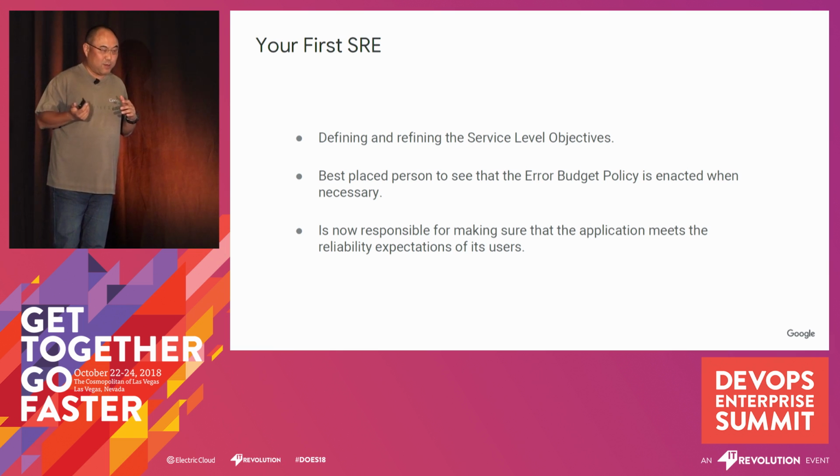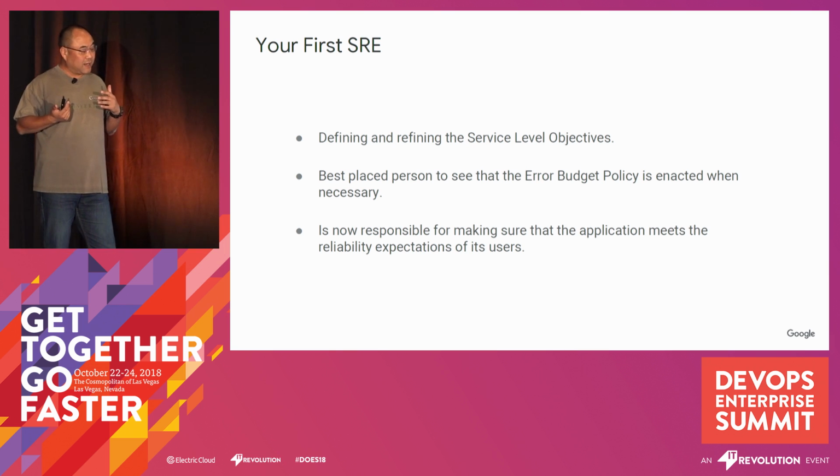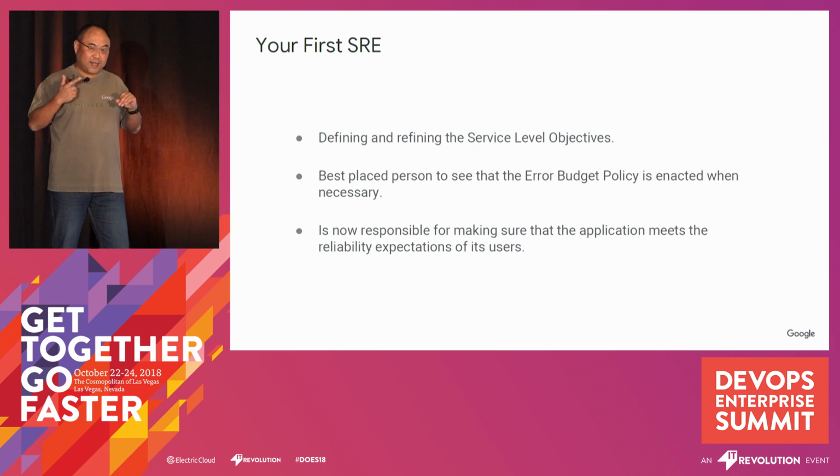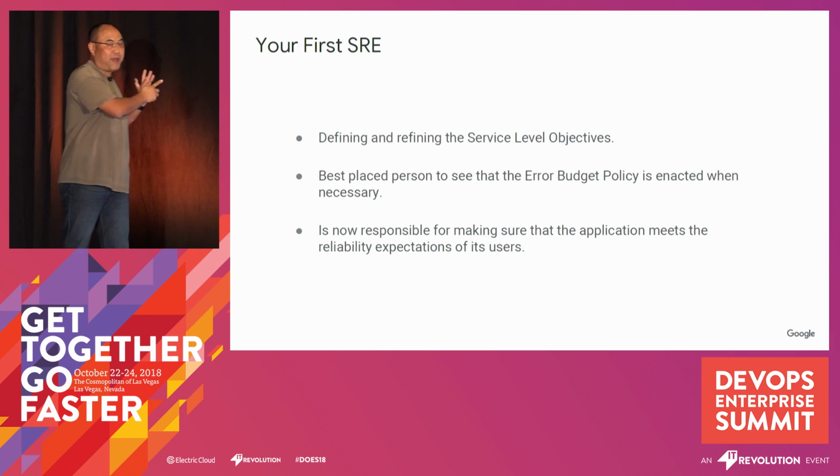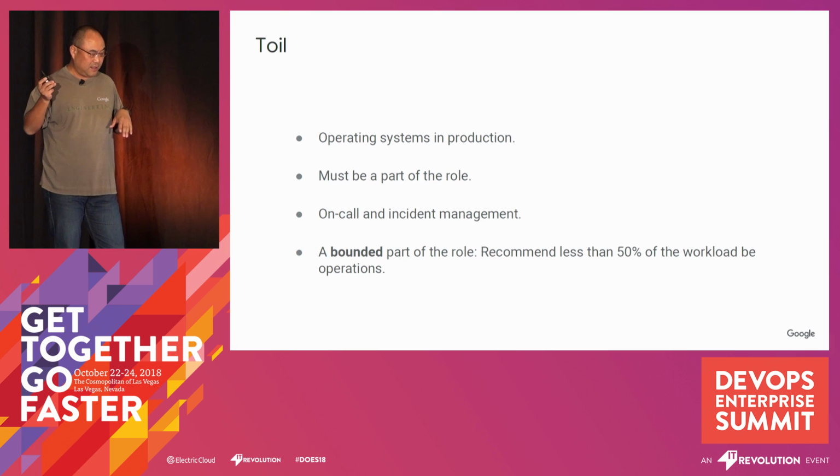That's what we found when we built up the new teams, the SRE team inside Google. We define and refine the service level objective as the number 1 task. This person, or these several persons, are in the position to evaluate and sound the alarm that the SLO is not met, the customers are experiencing pain, and we want action to be taken. Some action, I just gave the example, freeze, and other things.